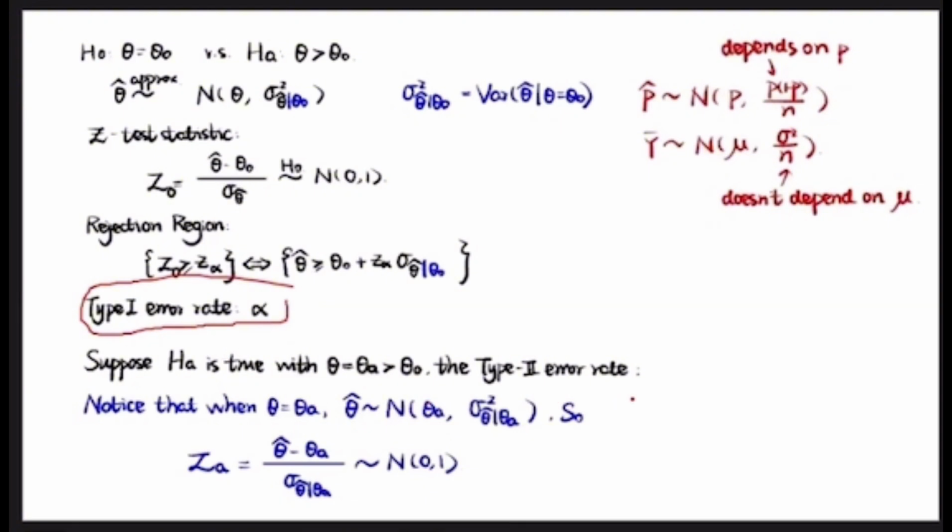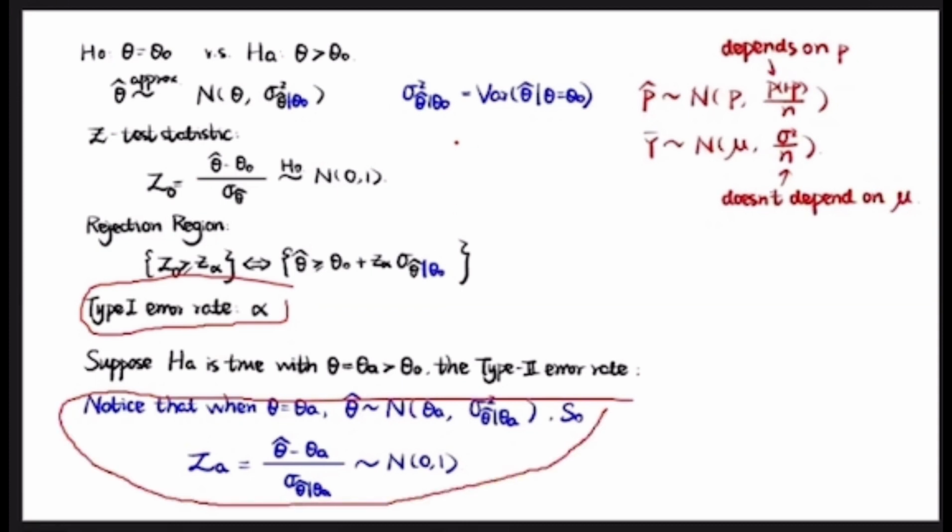Now if you take a look at this, what am I actually doing here? I'm putting into consideration a z-score when the null hypothesis is true, and a z-score when the alternative hypothesis is true. I got two different values of z-score here.